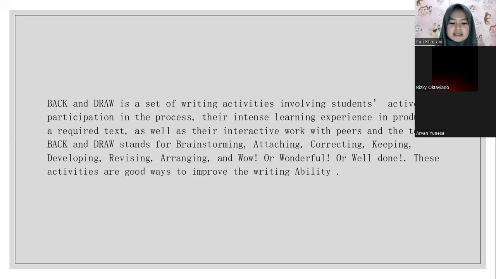BACKDRAW stands for brainstorming, attaching, correcting, keeping, developing, revising, arranging, and wow or wonderful or well done. These activities are good ways to improve writing ability.